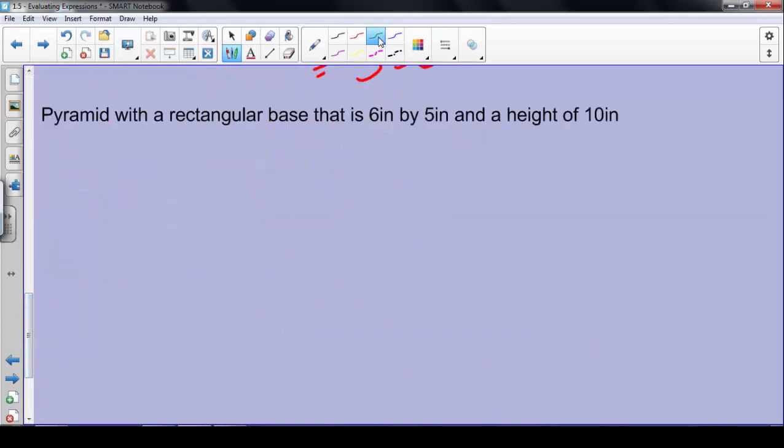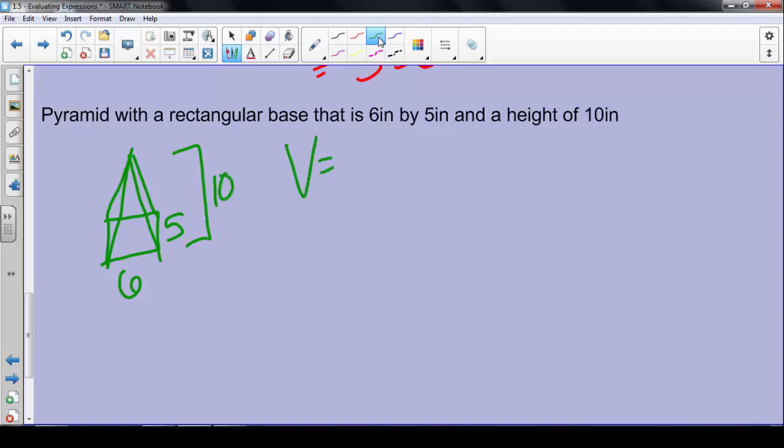Last one on this page, a pyramid with a rectangular base. We've got 6 inches by 5 inches and a height of 10 inches. So it's still 1/3 our area of the base times the height. In this case, our base is a rectangle.